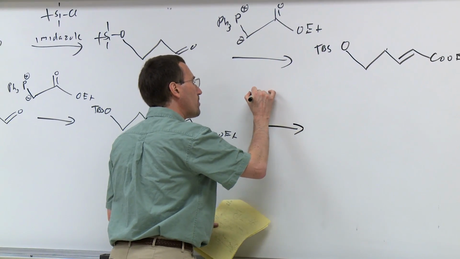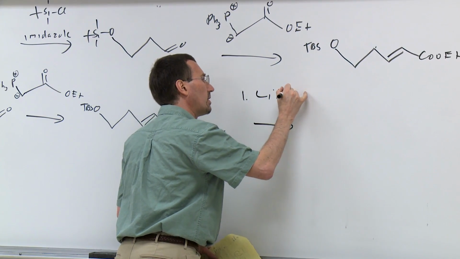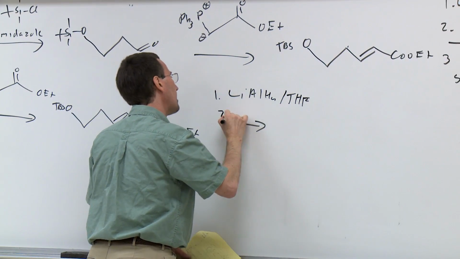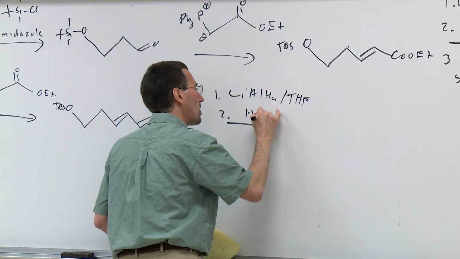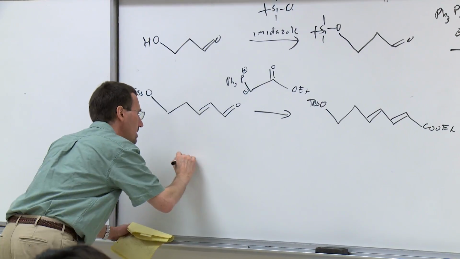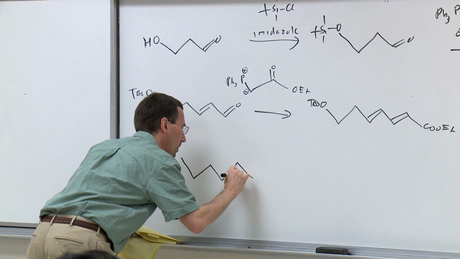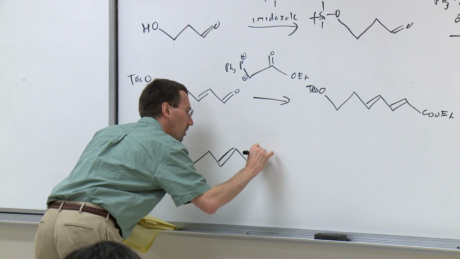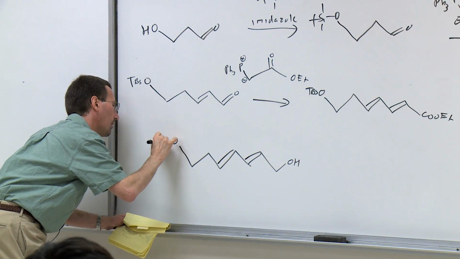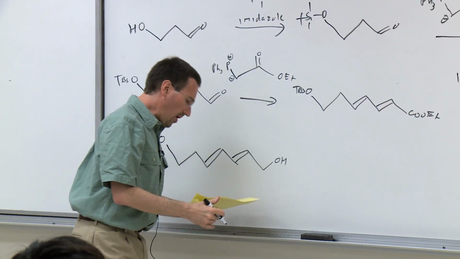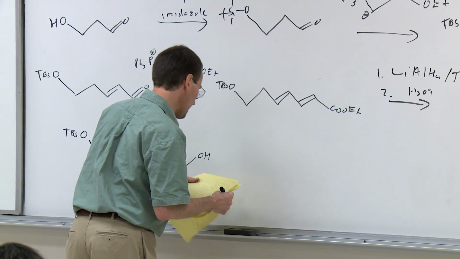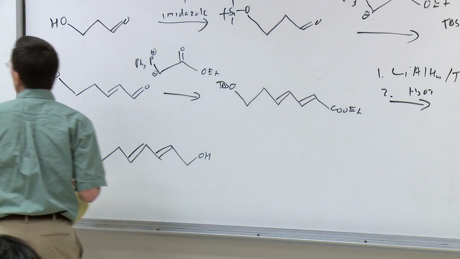So again, we're going to burn this down to the alcohol with lithium aluminum hydride in THF and carry out an aqueous workup. That's going to take us all the way to the alcohol. The Barton-McCombie deoxygenation at this point is where I want us to go.